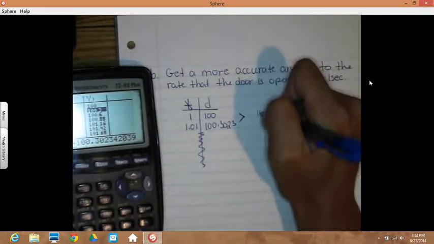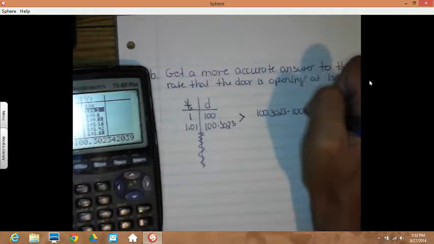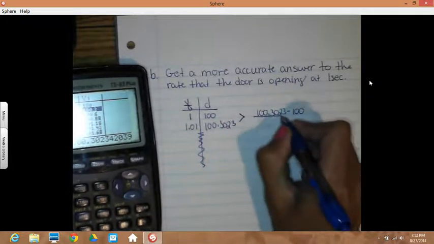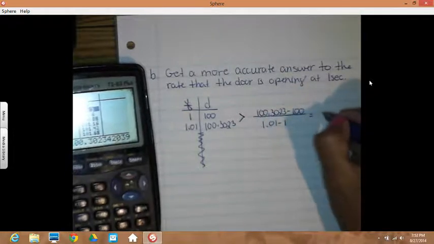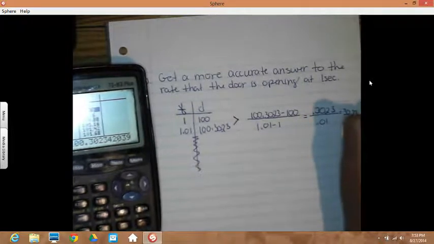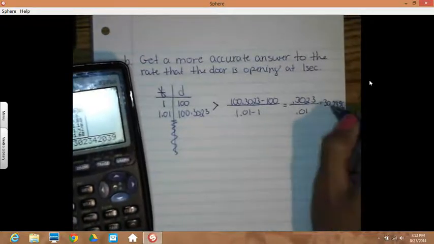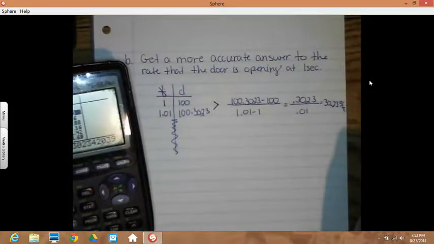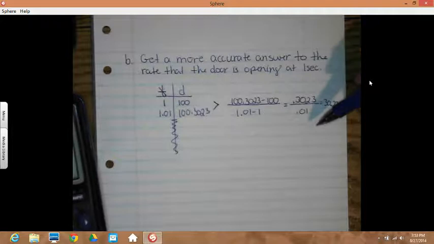So 100.3023 minus the 100, that's going to give me the change in degrees, over the change in time, divided by 0.01. 30.23, give me a label, degrees per second. I had to squeeze that in. So I came up with 30.23 degrees per second. So that's a little bit faster speed than the first one I got using 1.1. Well, let's see if I can get more accurate.